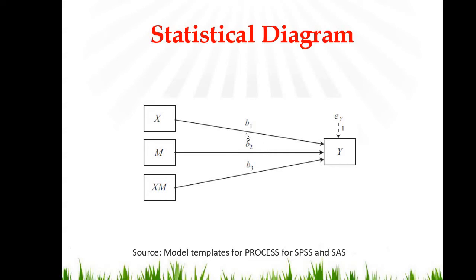And beta 2 is measuring the effect of M on Y. So this is the coefficient for M. And beta 3 is the coefficient for the product term that has been derived by multiplying X with M. So we are interested to find out whether beta 3 is statistically significant or not. If it's statistically significant, then we say moderation is statistically significant, otherwise not.